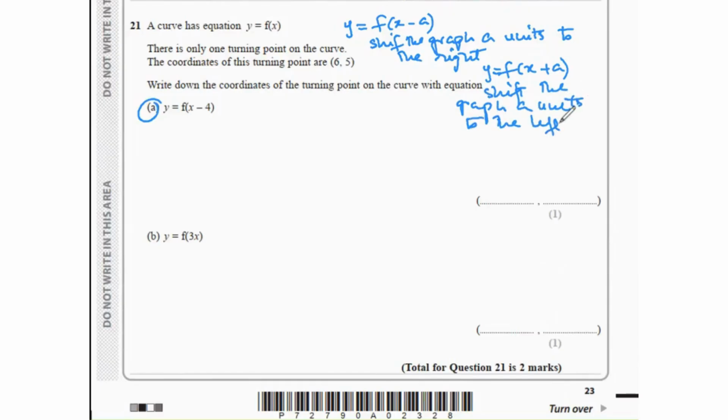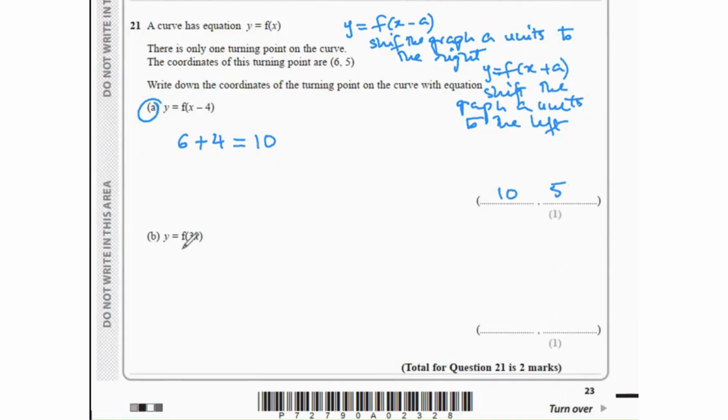Now it's opposite. So if it is f of x minus 4, that means from x of the turning point, we're going to add 4. So 6 plus 4, that's 10. We're shifting the graph 4 units to the right side. So 6 becomes 10 and y remains as it is.